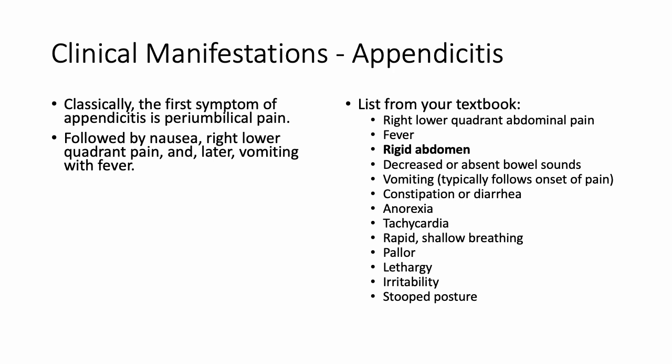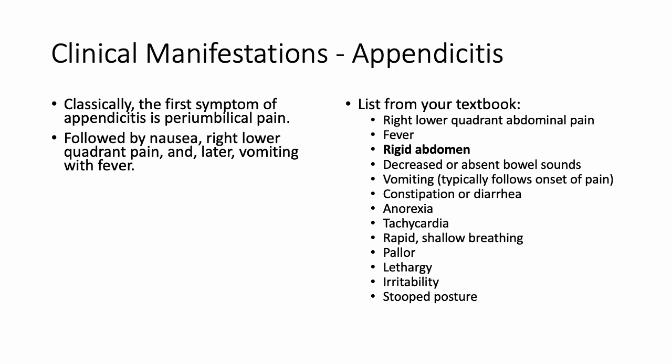Classically, the child starts with periumbilical abdominal pain, which then slowly moves to the right lower quadrant over McBurney's point. The child can also have nausea, vomiting, and fever, but very infrequently is appendicitis associated with diarrhea.